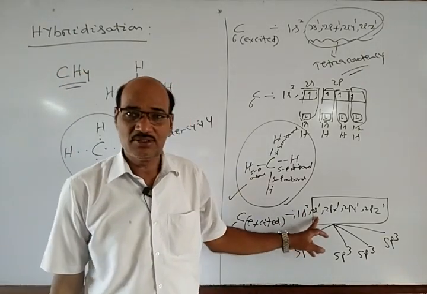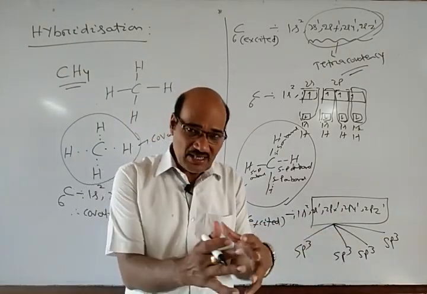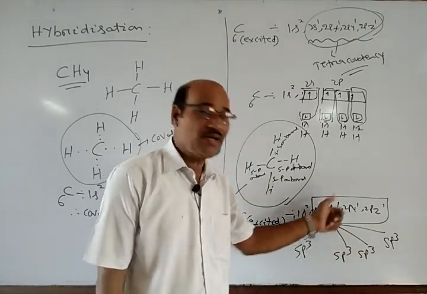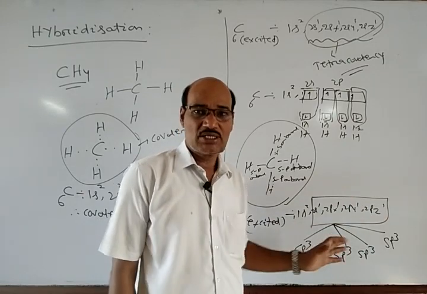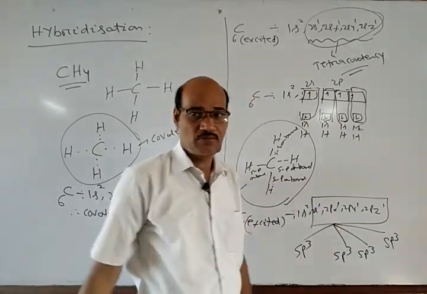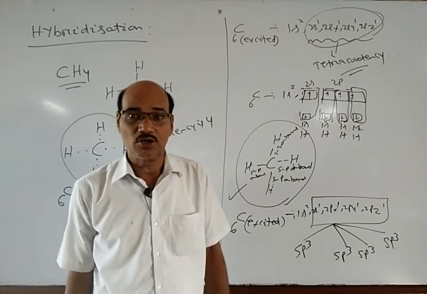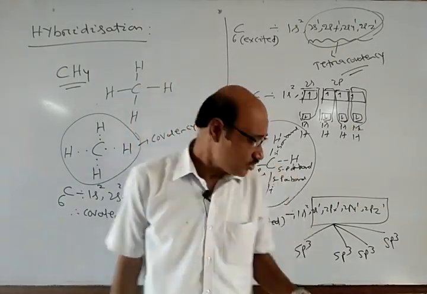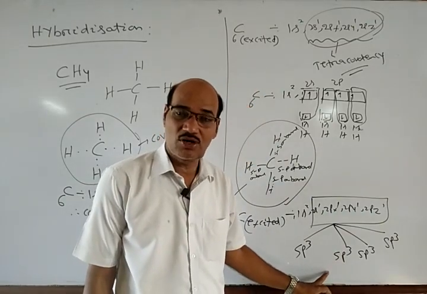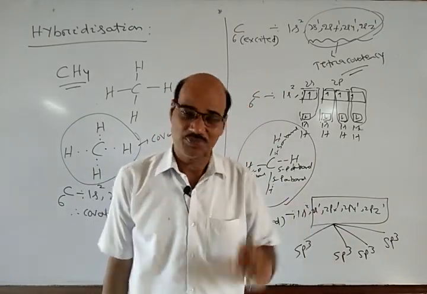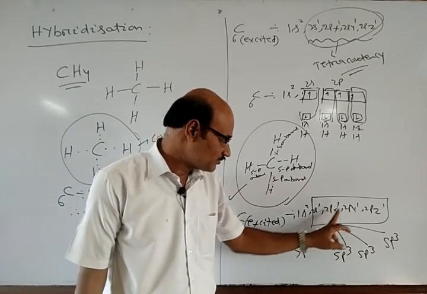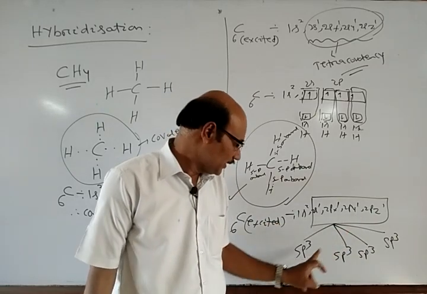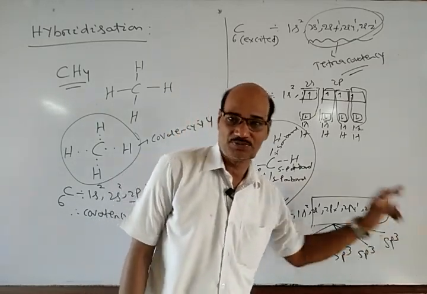So 1s and 3p orbitals are intermixed because they have roughly the same energy and belong to the same atom. They mix with each other through a new process called hybridization. As a result, new orbitals called hybrid orbitals are formed. Here 1s and 3p orbitals are hybridized to give 4 sp3 hybrid orbitals.